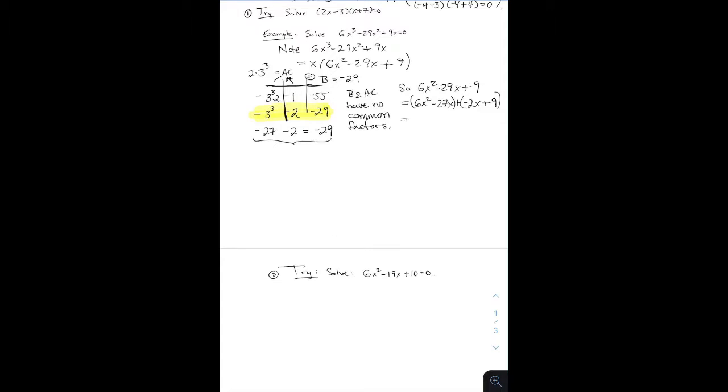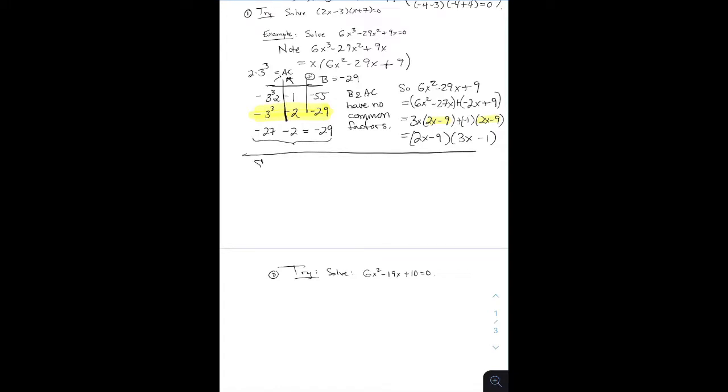This is equal to 3x(2x minus 9) plus negative 1(2x minus 9). There's a common factor: (2x minus 9)(3x minus 1). So there is the factoring of the part in parentheses.